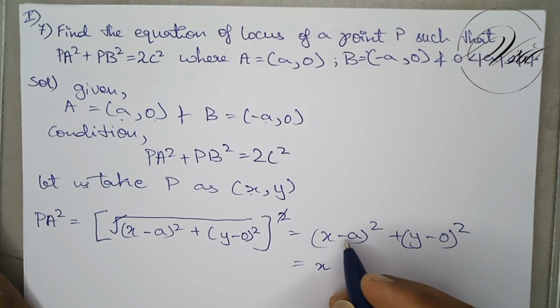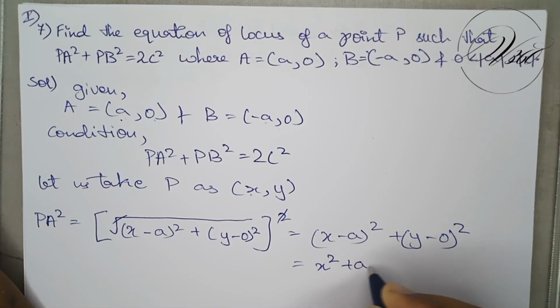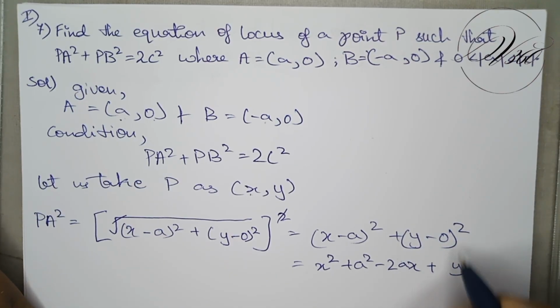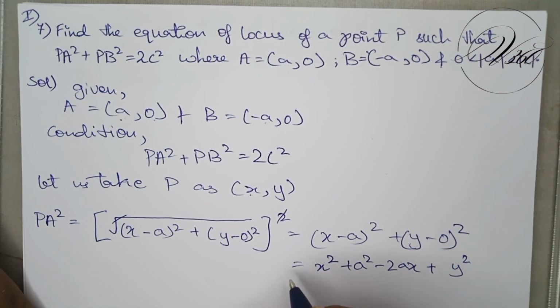We will apply the formula (a minus b) whole square: x square plus a square minus 2ax plus y square, since y minus 0 means y whole square. Now this is the answer for PA square.